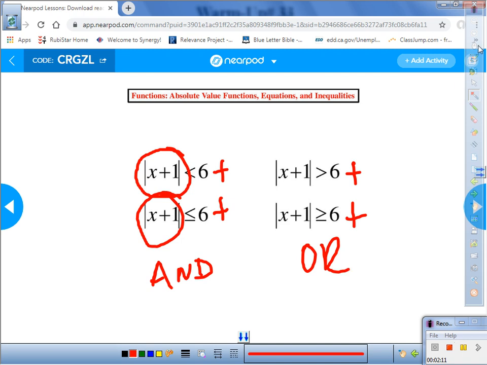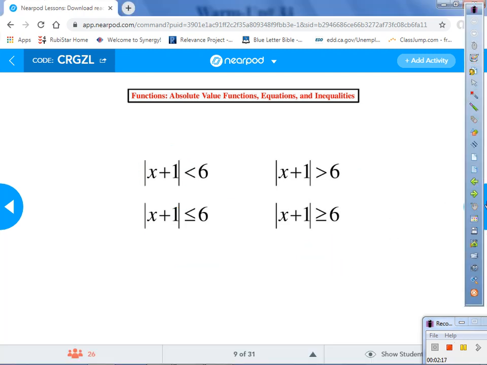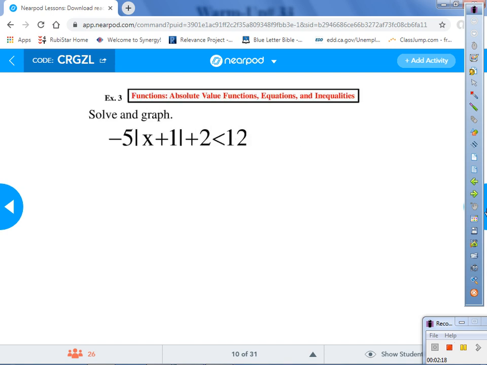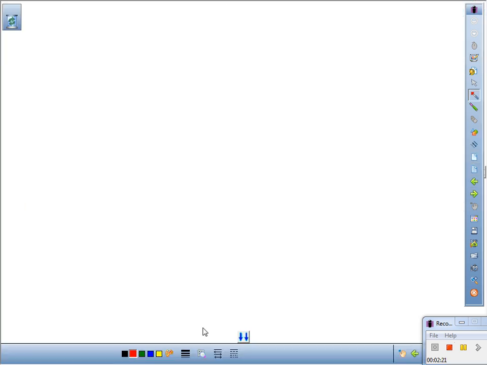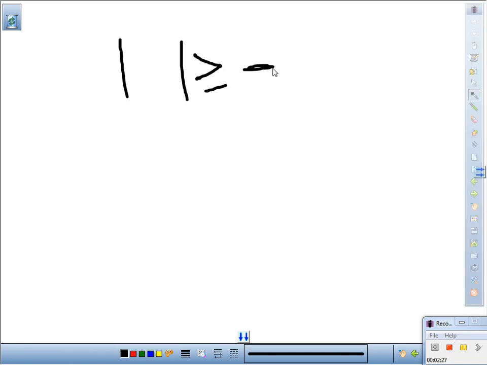Okay? From there, we covered this next one and this next one, and we ended up with stuff like this: an absolute value greater than or equal to a negative number. And what did I say? That's a red flag whenever you have a negative number. At that point, analyze it. What comes out of the absolute value? A positive. This says that it's greater than or equal to a negative number.